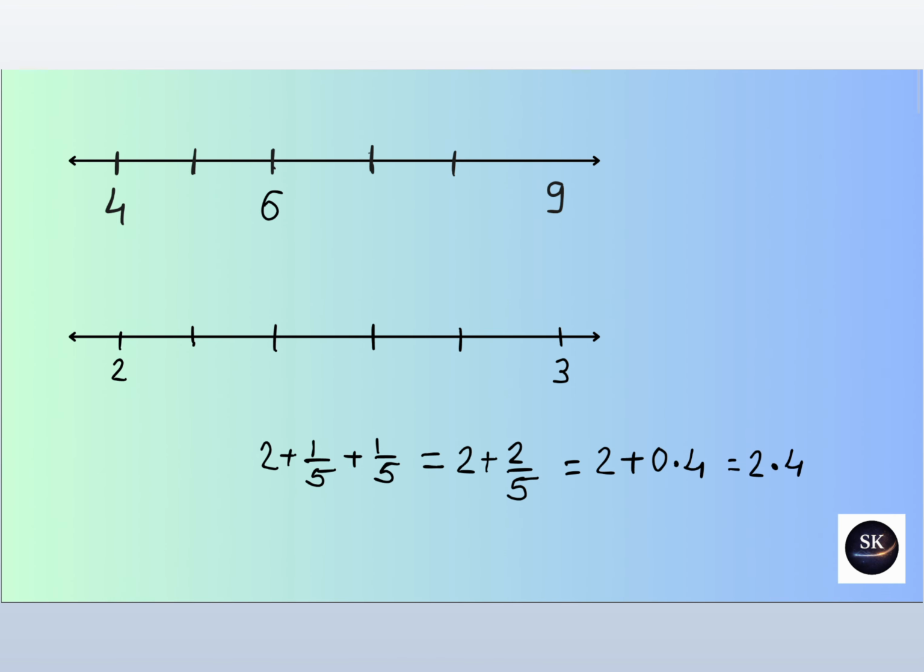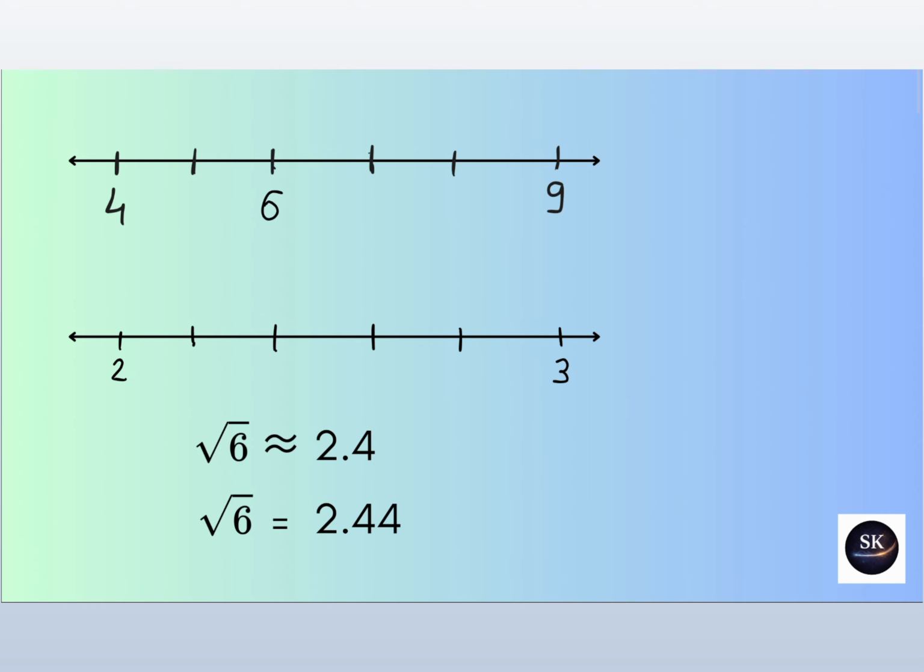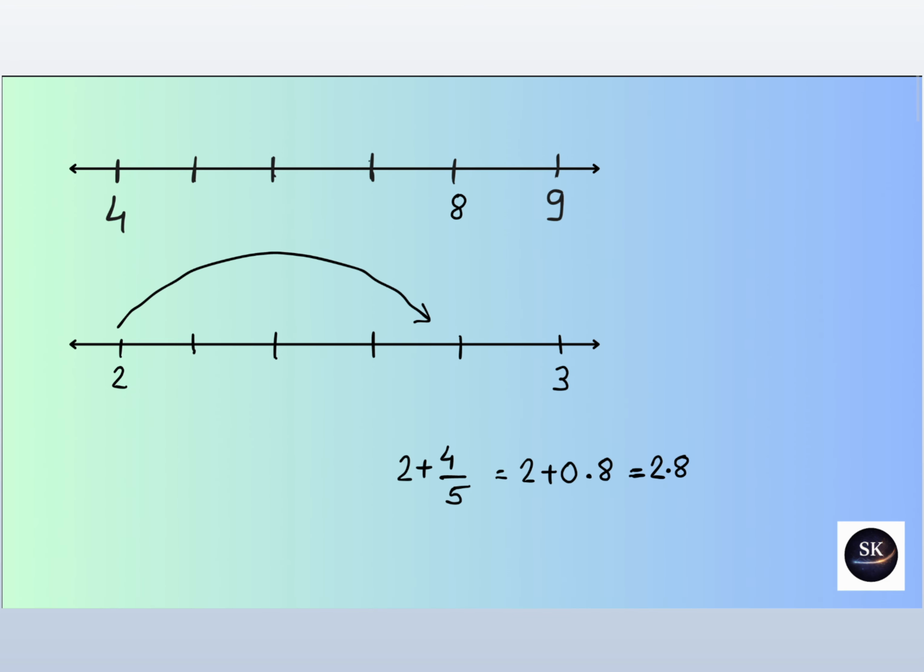Similarly, we can find the square root of 6 by now going one more part further on the number line. In that case, we would have covered 1/5 distance twice. So now we add 1/5 to 2 twice to get 2 plus 2/5ths. That is 2 plus 0.4, which gives us 2.4, which is again very close to the actual value of 2.44. To reach there, we'd have to cover 4 steps of 1/5 distance each.